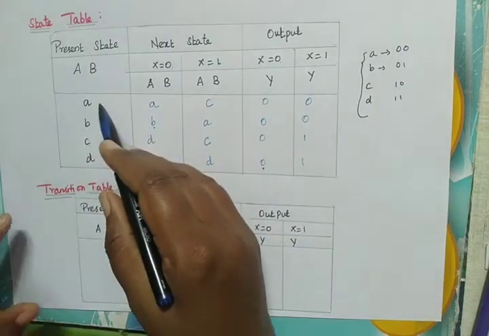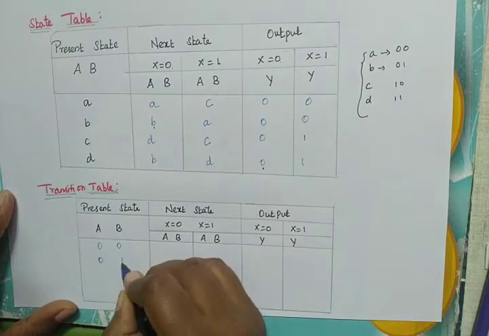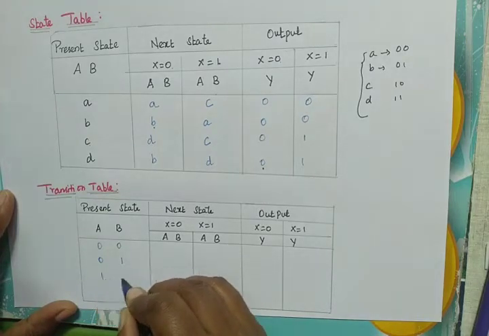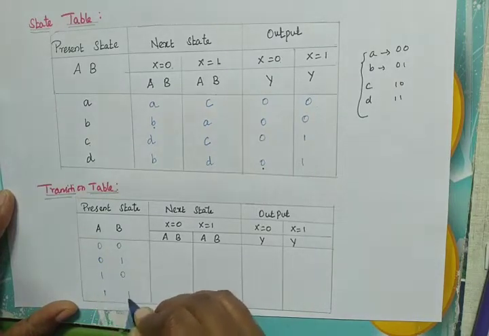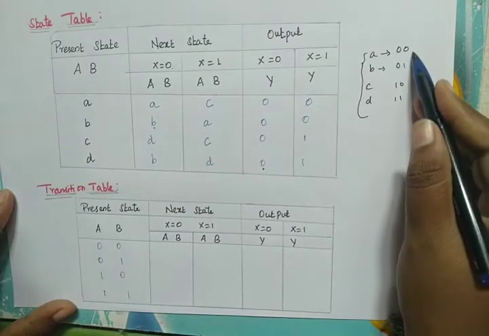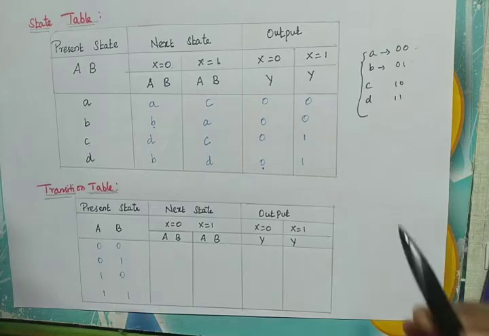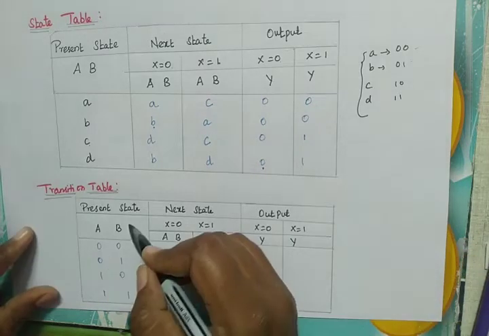Now let us take what is A here. A is 0, 0, B is 0, 1, C is 1, 0, and D is 1, 1. Because we have assigned A as 0, 0, B 0, 1, C is 1, 0, and D is 1, 1, we have to represent this by using this assignment.